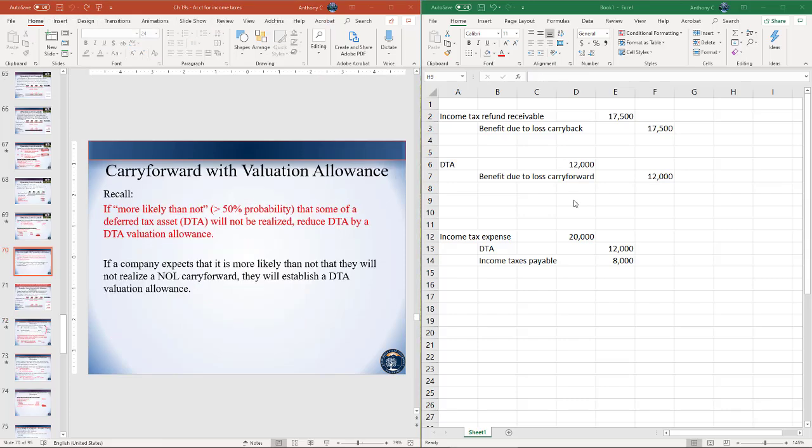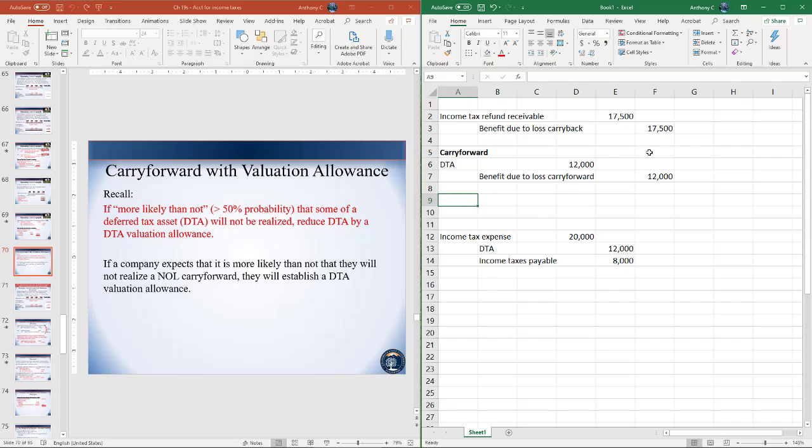The last thing we need to cover with respect to NOL carrybacks or carry forwards, or rather just the carry forward, is the DTA valuation allowance. So earlier we saw that if we have a carry forward, we made this journal entry here. Right, so we're increasing our DTAs due to the carry forward.